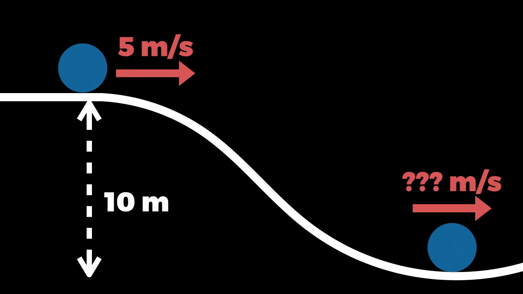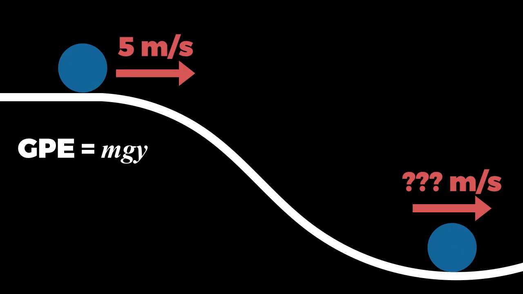So let's start. Well, first things first, we know that the gravitational potential energy of an object is equal to mass times the acceleration due to gravity times the height at which the object is positioned, mgy. We don't really know the mass of the object since it wasn't given to us in the problem, so we have to treat it as an unknown variable and leave it as it is.